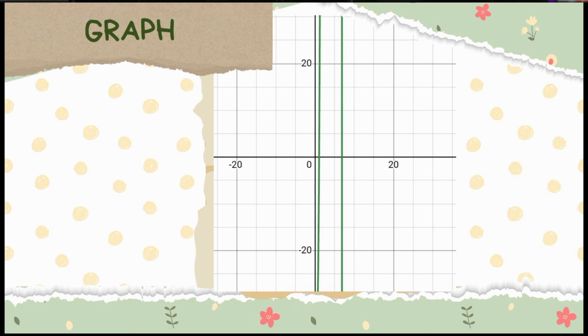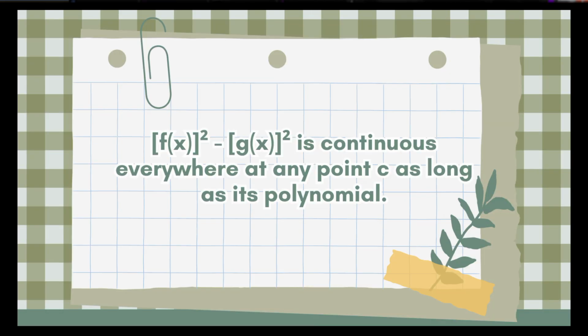Since all the component functions are continuous and the operations involved, addition, subtraction, and squaring, preserve continuity, the function 3x squared plus 5x minus 2 squared minus x cubed minus 4x squared plus 7x minus 9 squared is continuous everywhere. So my final answer is f of x squared minus g of x squared is continuous everywhere at any point c as long as it's polynomial.